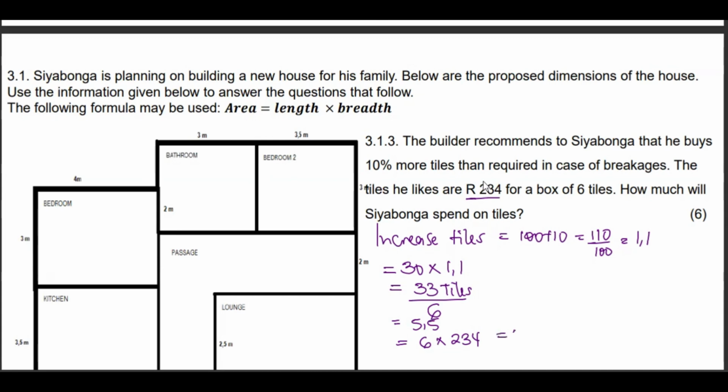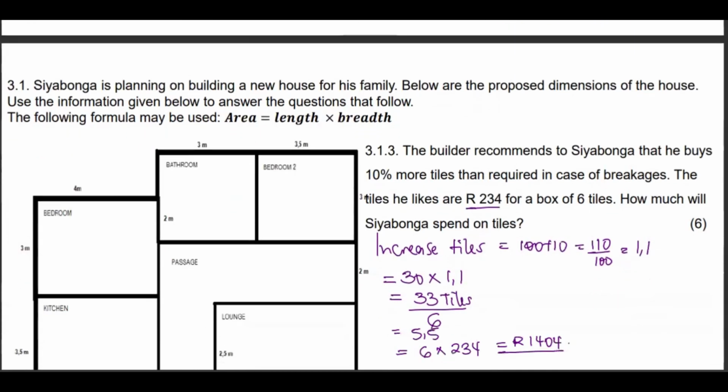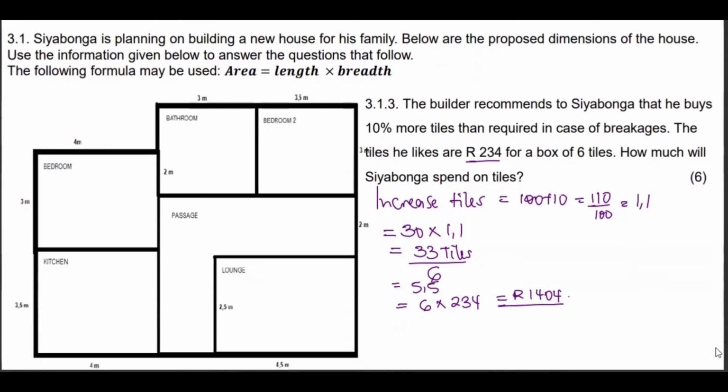So in money, the cost will be that much. Some people might want to know why we use 100 plus 10. We are increasing. Or you can do this. It's fine. You get the same answer.